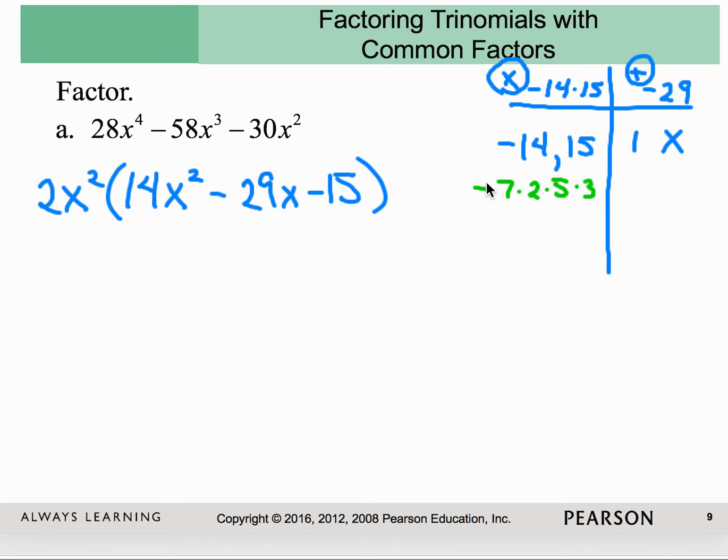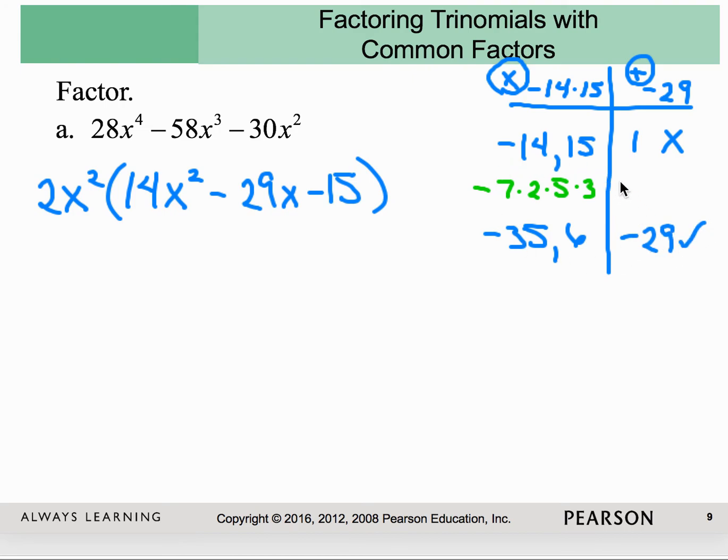Is there any way I can combine these and get 29? Well, there's a 10 and 21. 10 and 21, that's not 29. There's a 6 and 35. Because one of them is negative, right? Negative 35 and 6 gives me negative 29.